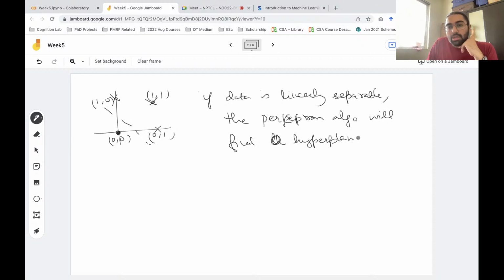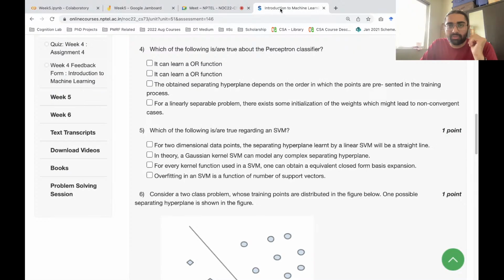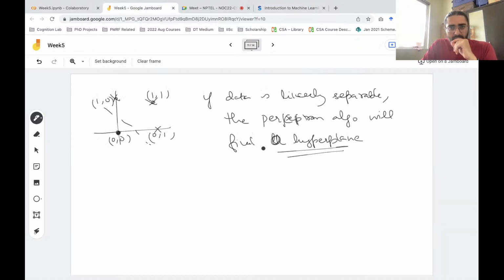The hyperplane that it finds depends on the order of the points presented in the training process, because the way this functions is that it keeps updating its weight vectors based on whatever data has been obtained. It asks, did I make a mistake or not? If there's a mistake, it adjusts its weights accordingly.